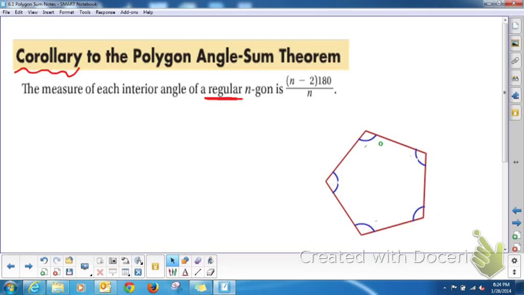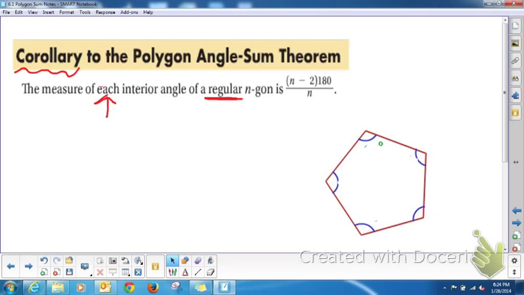So this top part will give you every angle on the inside, so all the measures, divided by the number of sides. So to find one angle, that's what we're looking for here, each one, you would say the number of sides minus 2 times 180 divided by the number of sides.